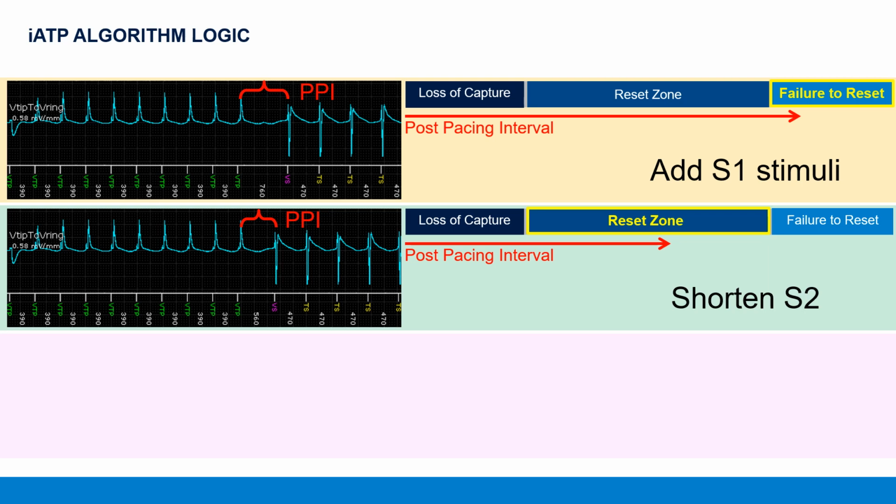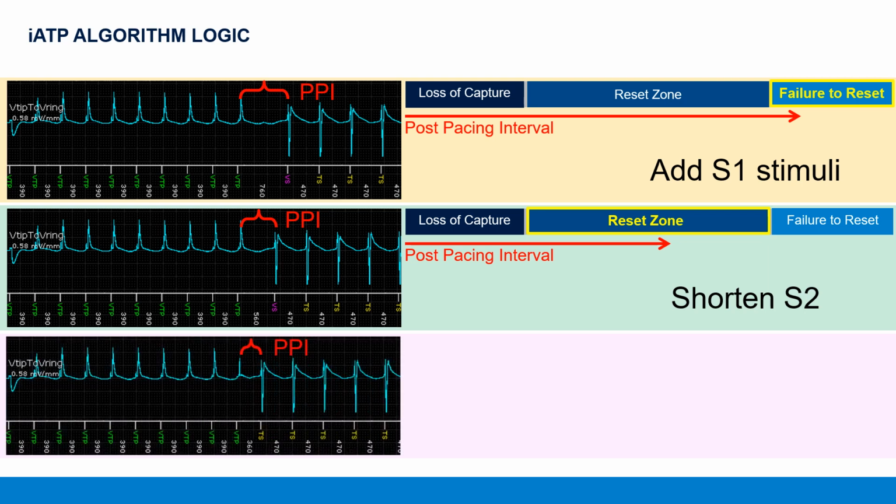So it can roughly calculate the electrical distance and recalculate how many S1 beats it actually needs to get to the circuit and not provide excessive S1 beats, which potentially could only serve to trigger another VT circuit, for example, which we'll talk about in a moment. So you could see, if you fall in this zone, not only a shortening of the S2, but a reduction in the number of S1 stimuli in the subsequent scheme.